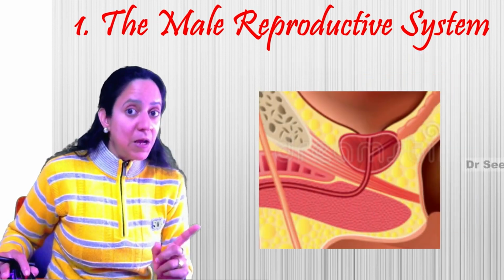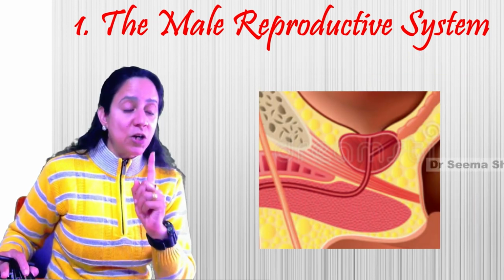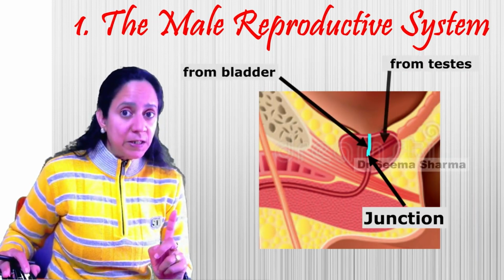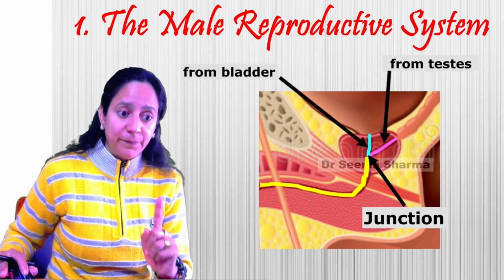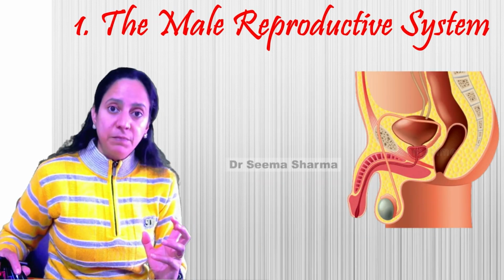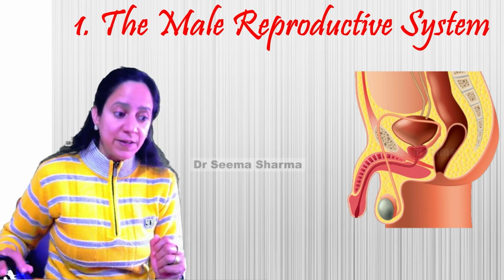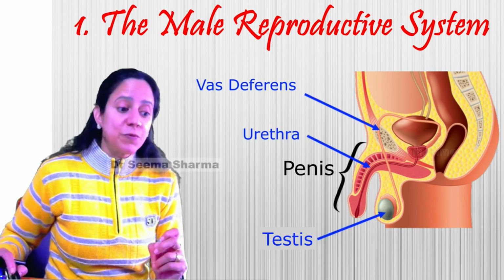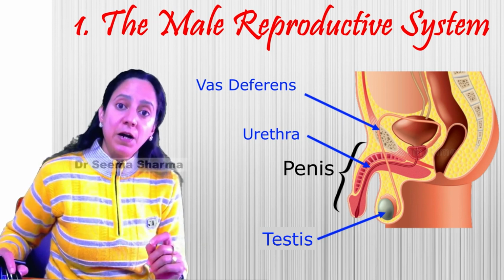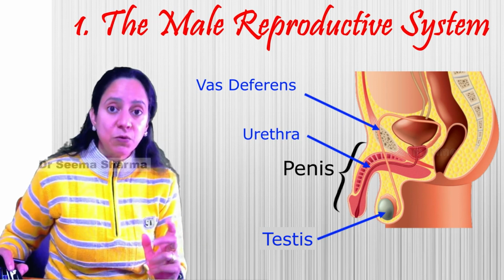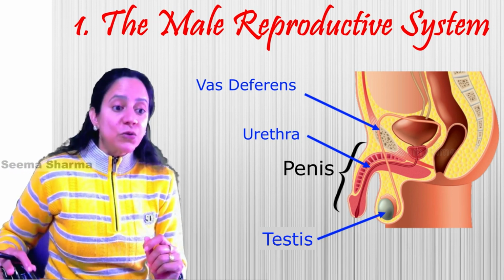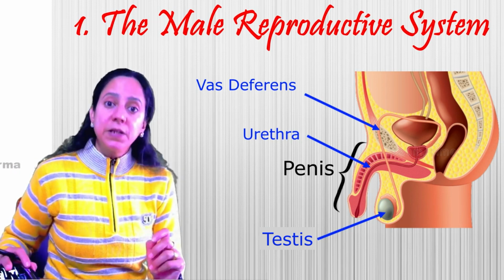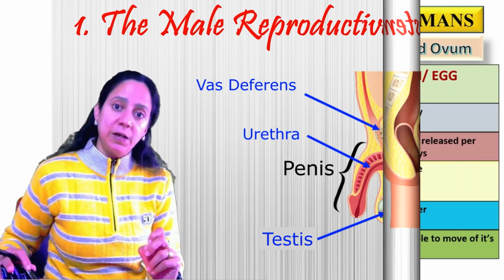So in the male, there is a junction between the urinary system and the male reproductive system, and that common part is the urethra. Next part of the male reproductive system is the penis. The penis is a muscular organ that transfers the sperms into the vagina of the female reproductive system during sexual reproduction. So these are the parts of the male reproductive system, their location and function in brief.